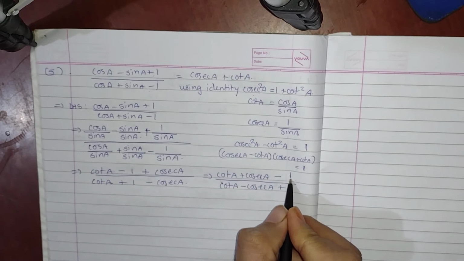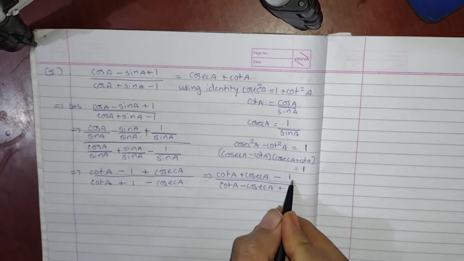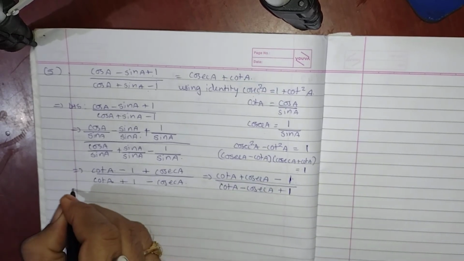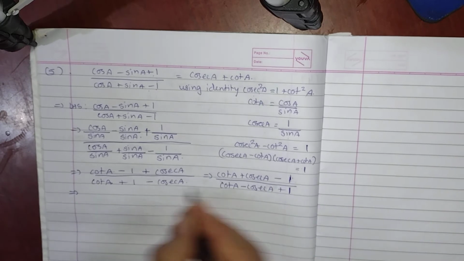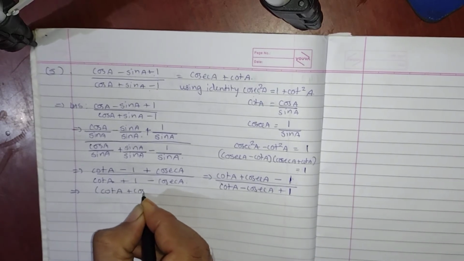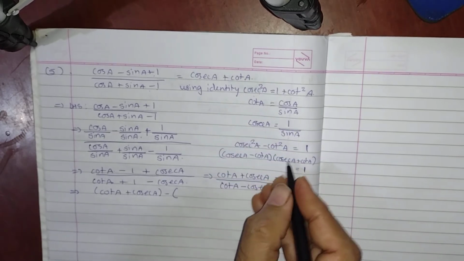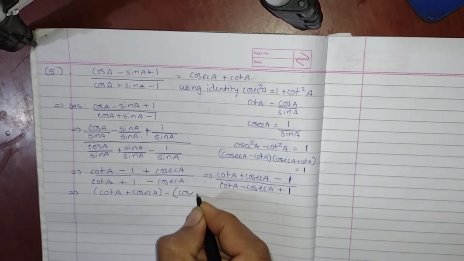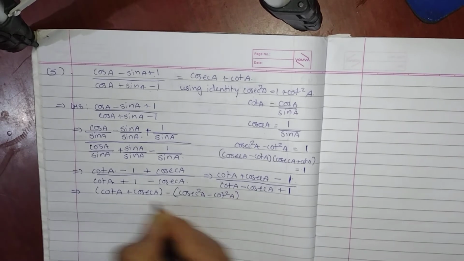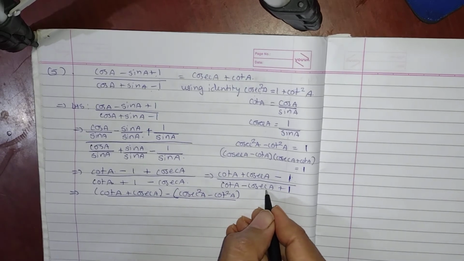So in place of 1 in the numerator we will write cosec square A minus cot square A. In a bracket, cot A plus cosec A, and in place of 1 we write cosec square A minus cot square A, upon the same denominator; we will not change it.